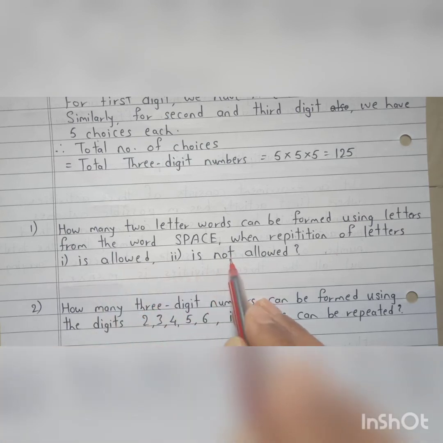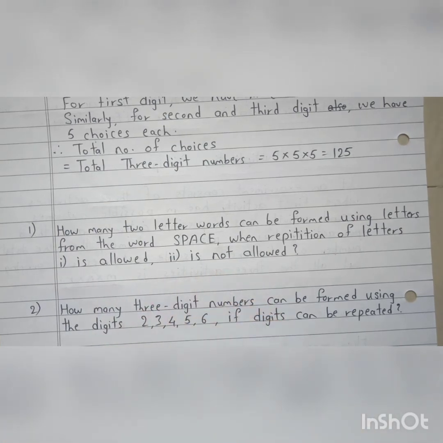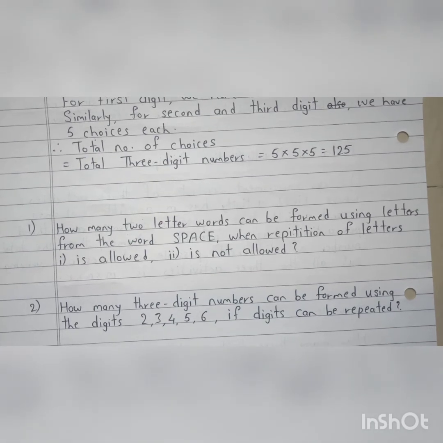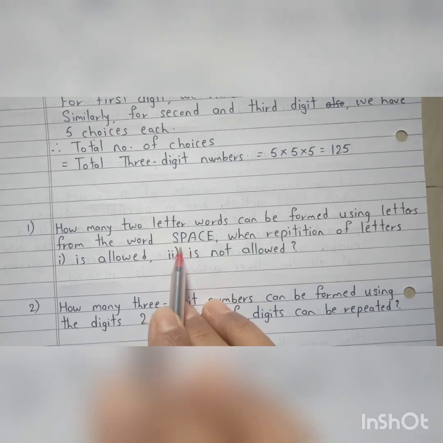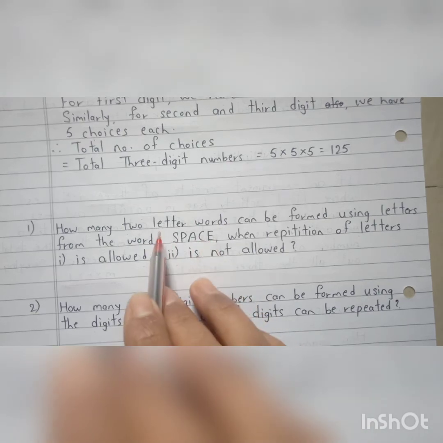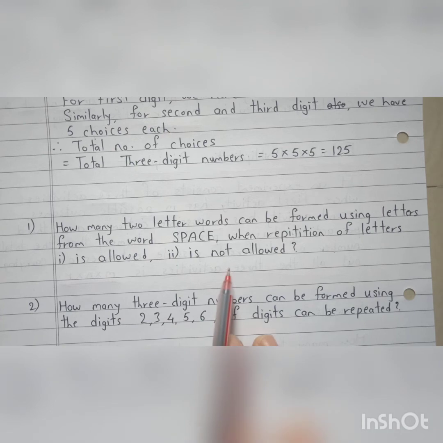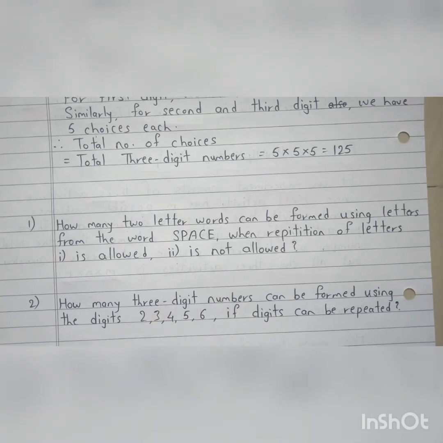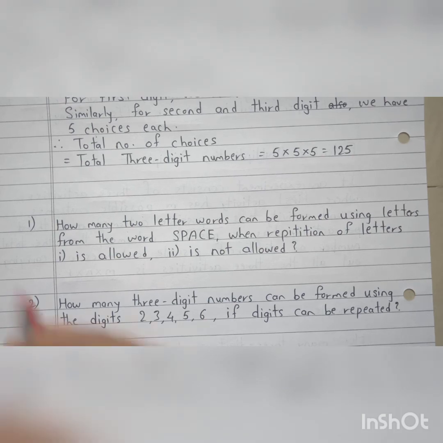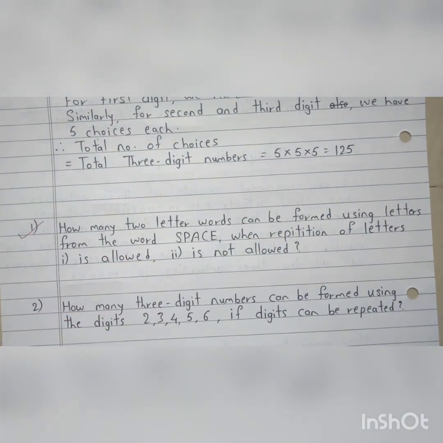And in the second question repetition is not allowed. So it is again the same kind of question. Instead of digits, now you have a word with 5 alphabets, SPACE, and you have to form a 2-letter word, in which repetition is allowed in the first question and not allowed in the second. You can refer to the answer I explained in this video and solve this question on the same basis.